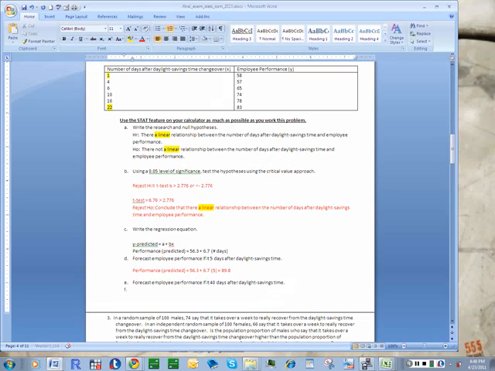So our answer really is do not forecast. We are outside the range of X for this problem.